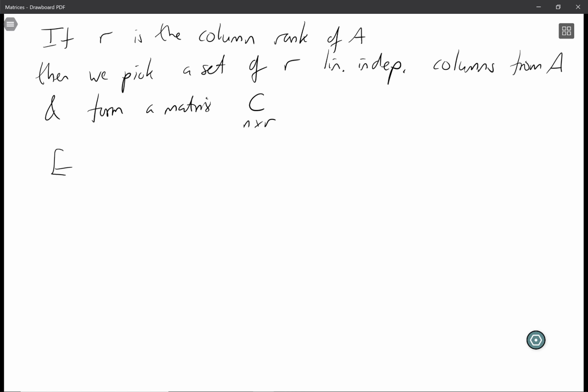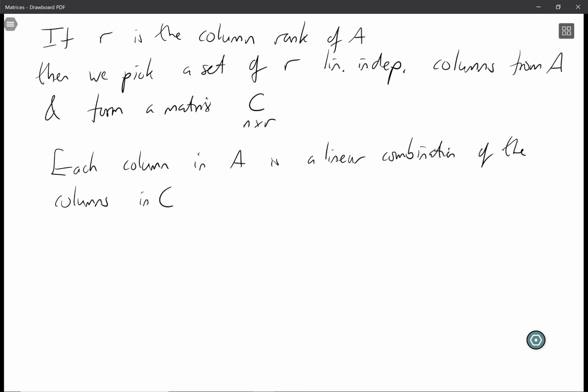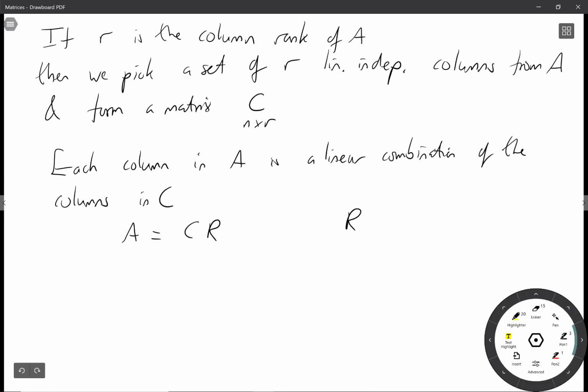So each column in A must be a linear combination of the columns in C. So we can write A is C times R, where R must be an R by P matrix.